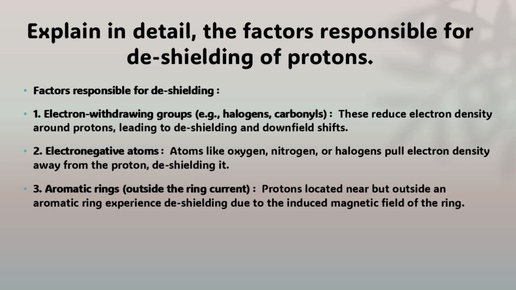Electronegative atoms: atoms like oxygen, nitrogen, or halogens pull electron density away from the proton, deshielding it. 3. Aromatic rings, outside the ring current: protons located near but outside an aromatic ring experience deshielding due to the induced magnetic field of the ring.